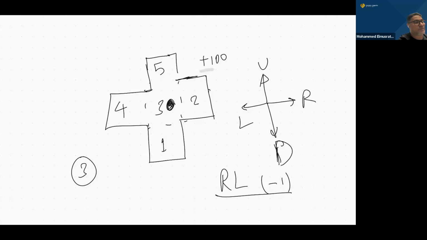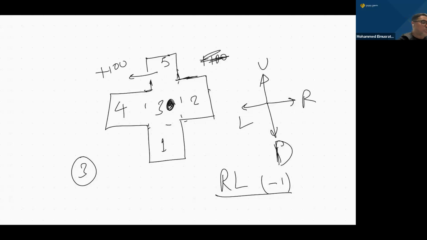Let me just change this a little bit. Okay, so this is number 5, and this gets plus 100 here. Okay, so now this is state 3.